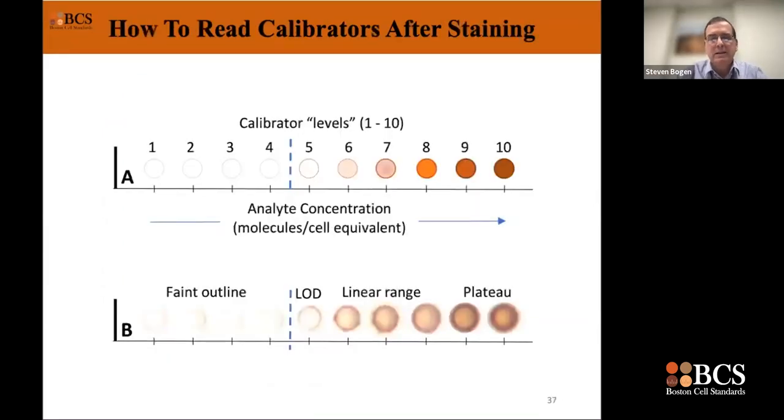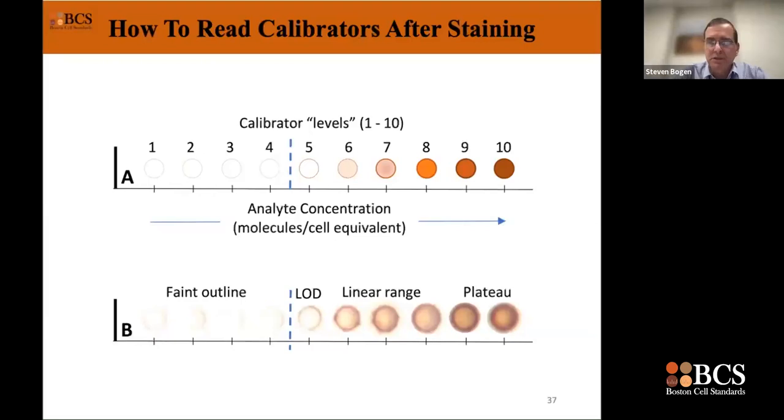So to read the calibrators, you simply identify the lowest level that's still stained. In panel A above is a schematic representation. Panel B below shows what the calibrators actually look like. In each, level 5 is the lowest that still has sufficient color intensity to consider positive.